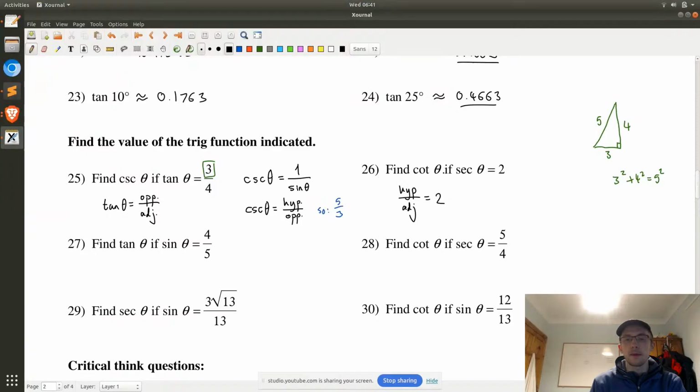So, beg your pardon, tangent of theta is opposite over adjacent. So cotangent of theta is adjacent over opposite. So, what do we do? These are kind of interesting.